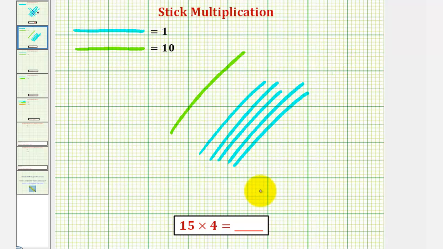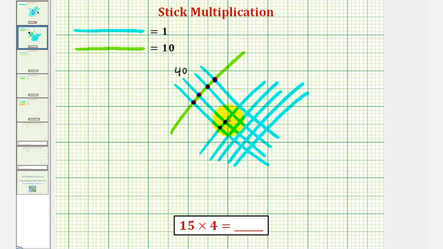And then for times 4, we'll model 4 using 4 blue sticks in a different direction. So 1, 2, 3, 4. But here, every intersection point of a blue stick and a green stick represents 1 times 10 or 10. So here we have 10, 20, 30, 40. And each intersection point of 2 blue sticks still represents 1 times 1 or 1.